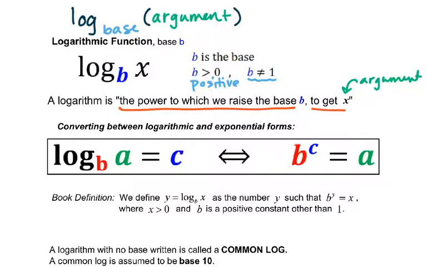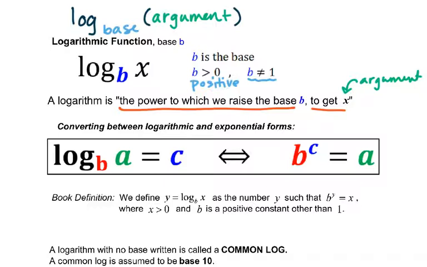All right, so the book defines it, they just use slightly different variables. They use x and y. I find that a lot of the problems already have x and y, and it can be confusing when we are converting, but whatever definition works for you. Variables are variables. They can be whatever you want them to be.